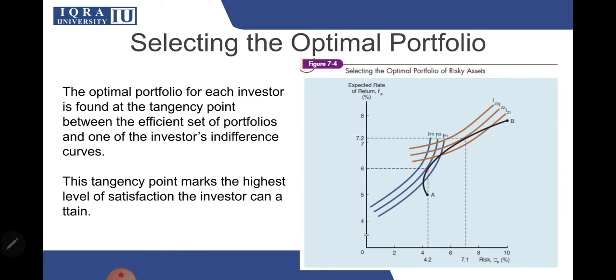So that is over here for investor Y, and that point is over here for investor Z. So the optimal portfolio for each investor is found at the tangency point between the efficient set of portfolios and one of the investor's indifference curves. This tangency point marks the highest level of satisfaction the investor can attain. So basically, they will be more satisfied if they are at this curve.